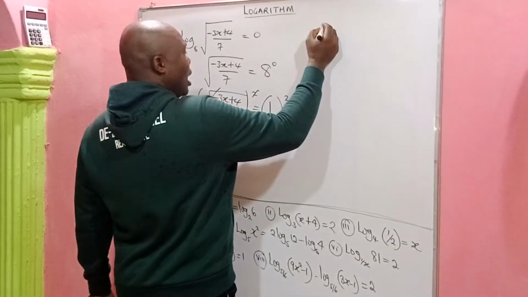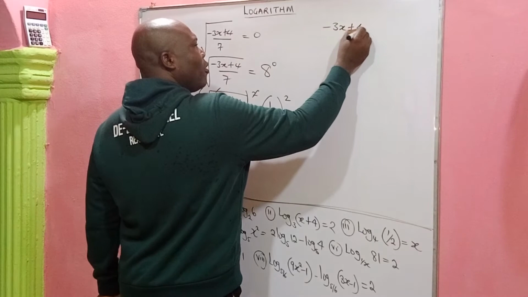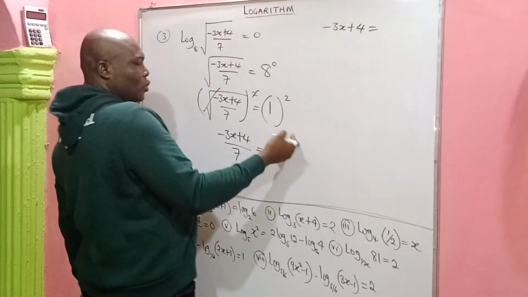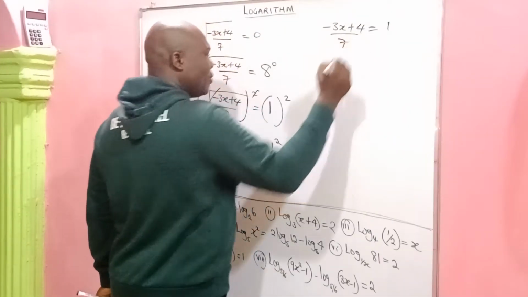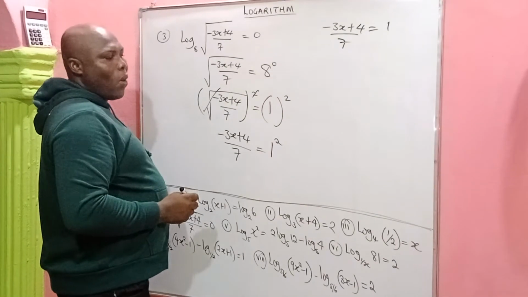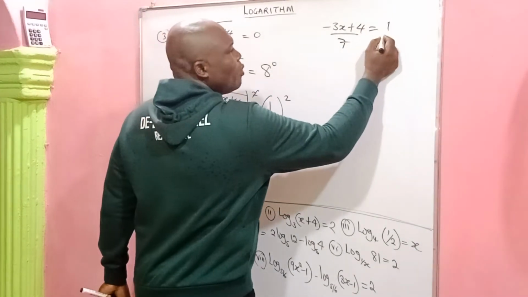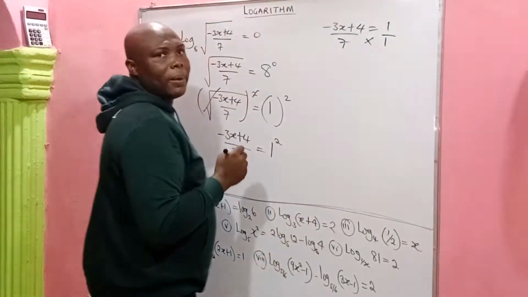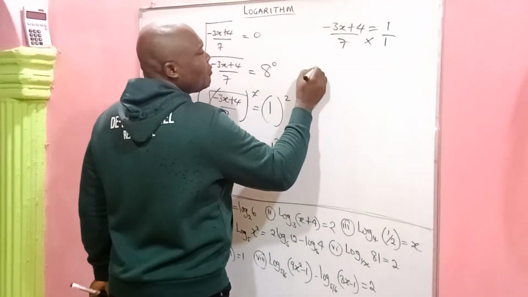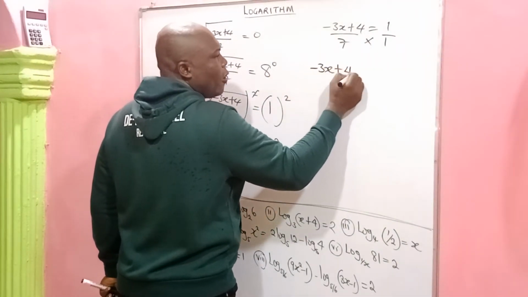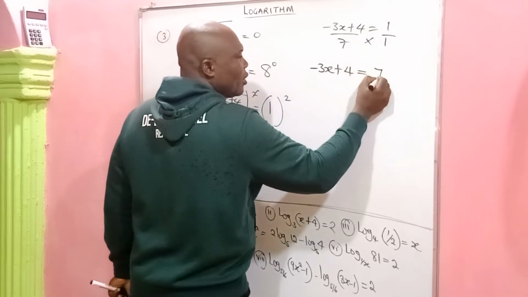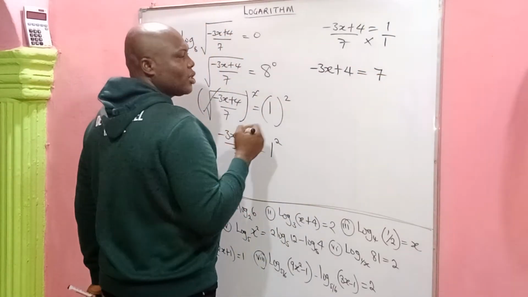So we now have (minus 3x plus 4) over 7 is equal to 1, because 1 squared is 1. We make this over 1 and cross multiply. The whole of this times 1 gives minus 3x plus 4, while 7 times 1 gives 7. We are trying to make x the subject of the formula.